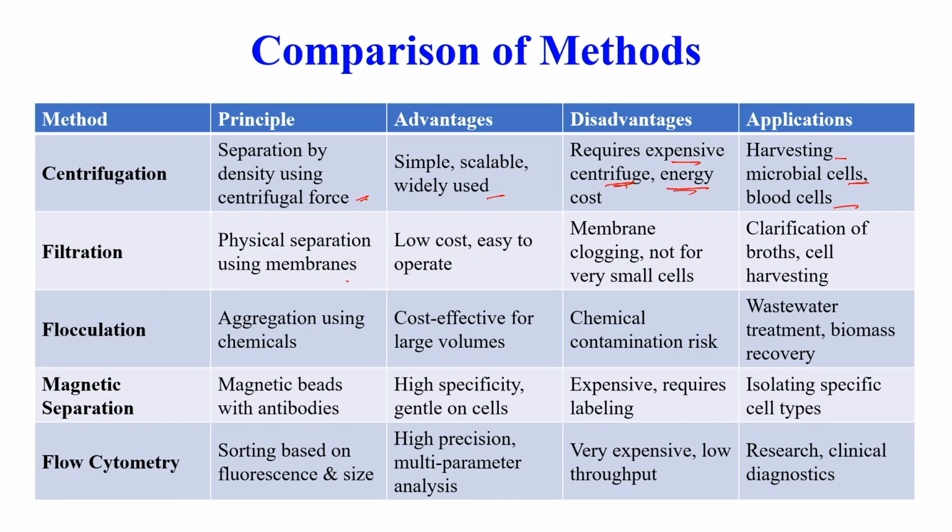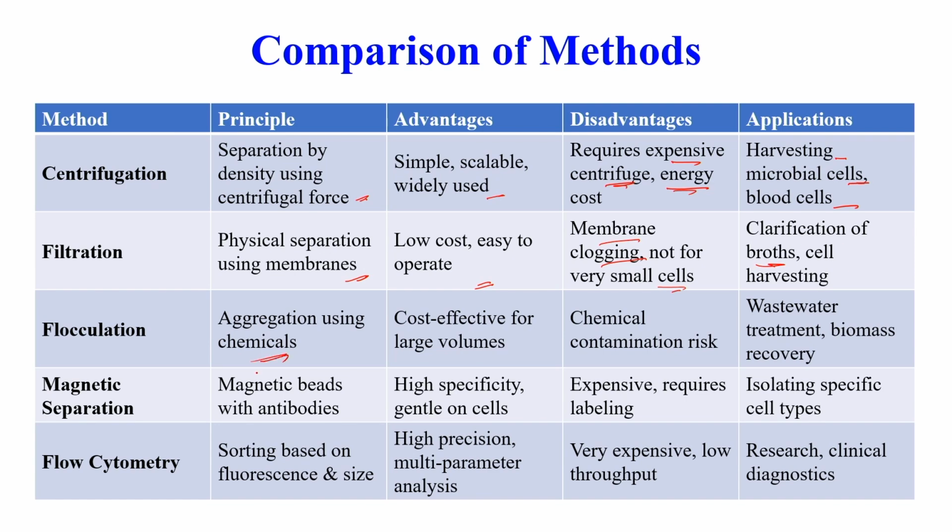Filtration is physical separation using a membrane. It is low cost and easy. The challenges are membrane clogging, and it is not for very small cells. It is mostly used for cell harvesting and clarification of broth.